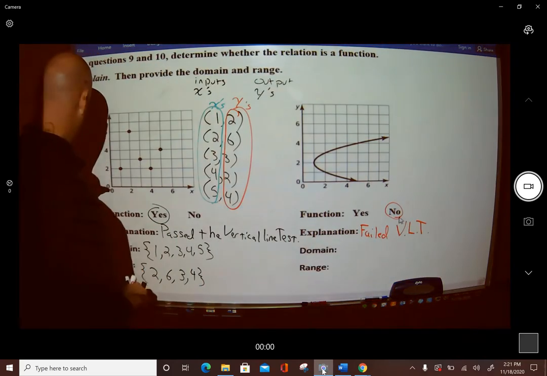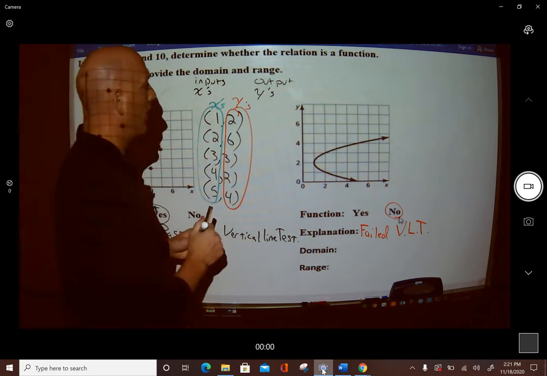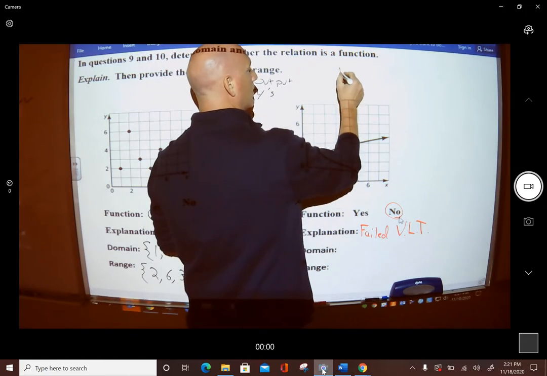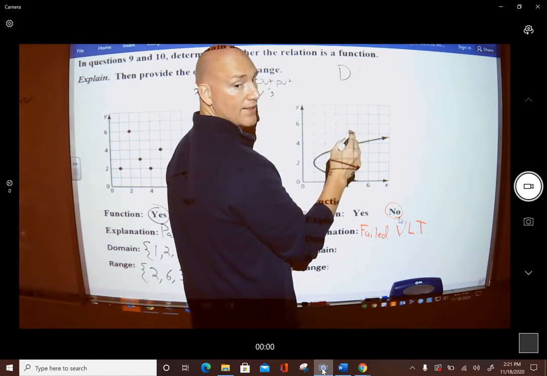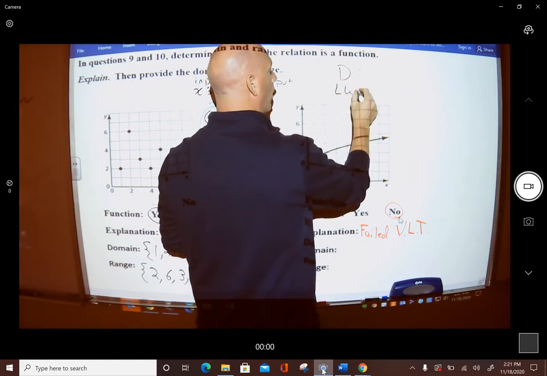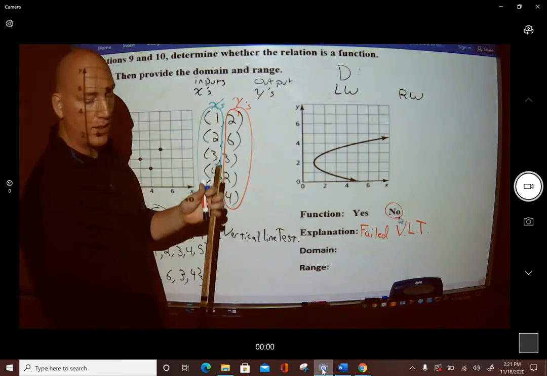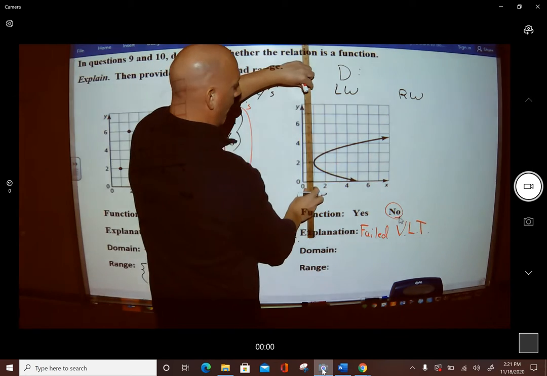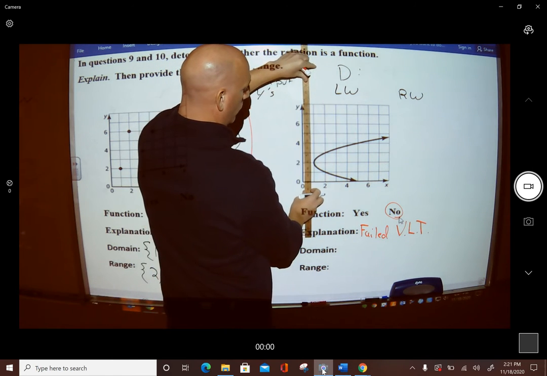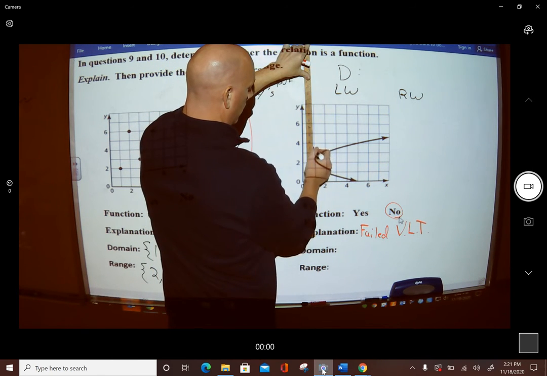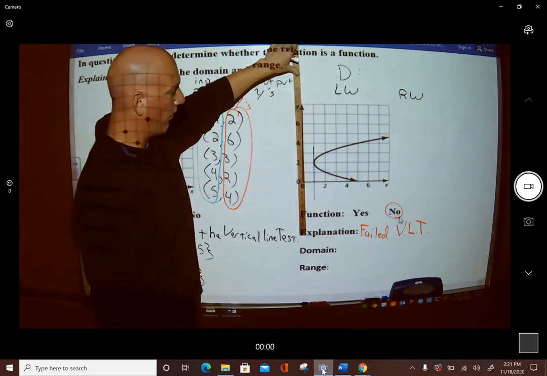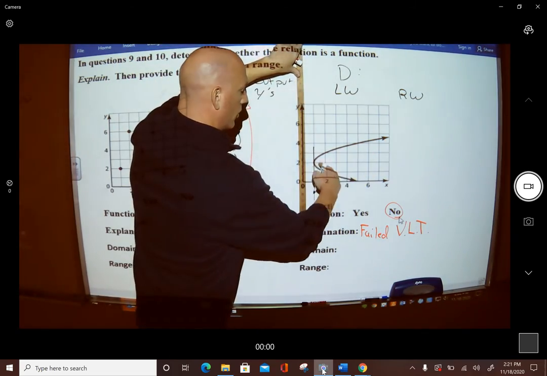So domain deals with all the x's. And when I talk about domain of continuous, I hope you guys remember I talked about left walls and right walls. So when I look at this, I want to say how far left does this thing go? It goes all the way till 1. That's the farthest left that our picture goes.